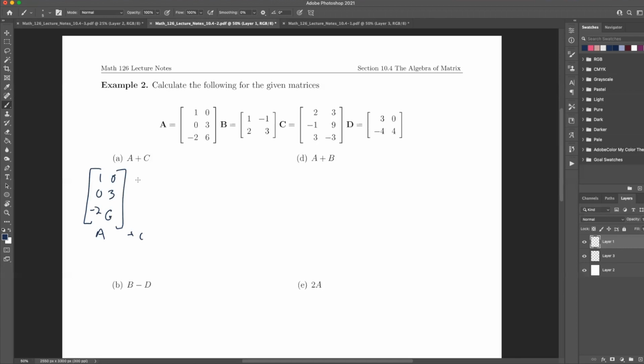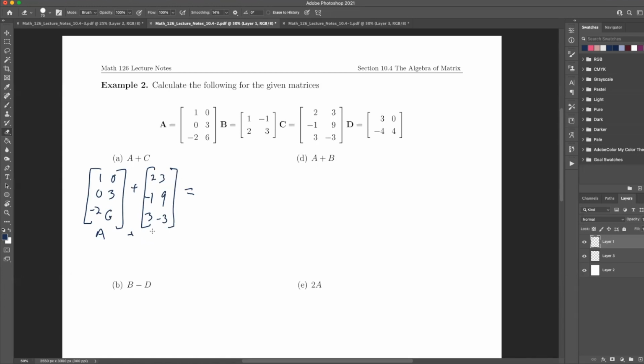And I'm going to bring it close together just for the sake of teaching, but also ease of doing the arithmetic. Minus 1, 9. 3 and -3. Right, so now, if we're going to add these up, do they have the same size? Yeah, these are both 3 by 2s, right? So they're the same size. So I can do this.